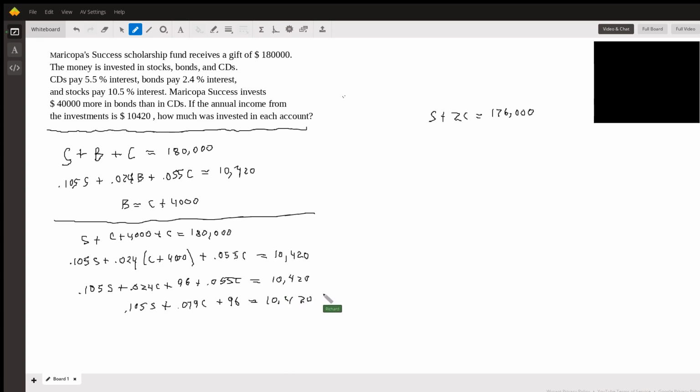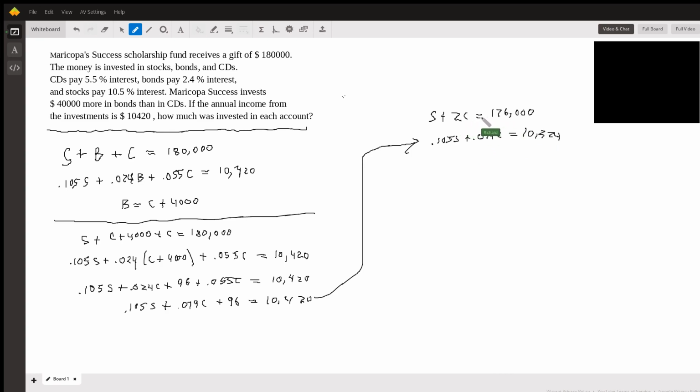So now I'm going to write this equation up here: 0.105s plus 0.079c is equal to 10,420 minus 96. So that gives me 10,324.